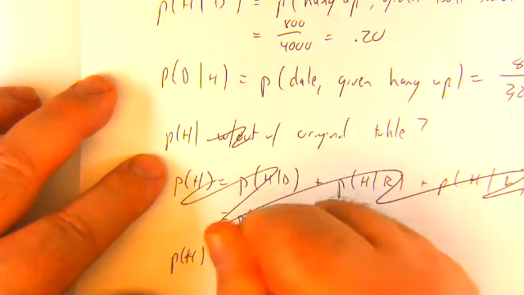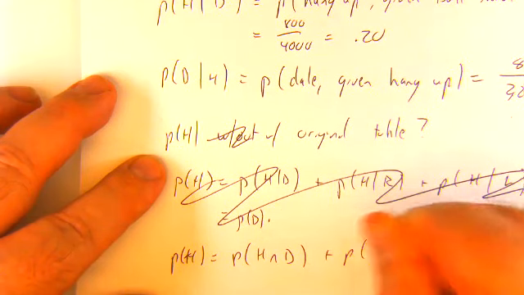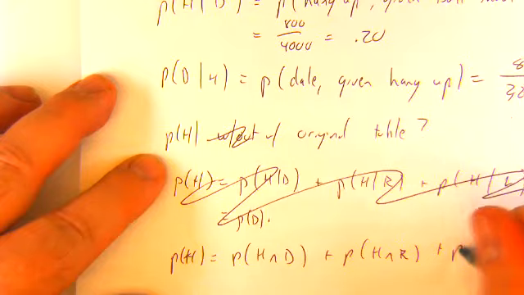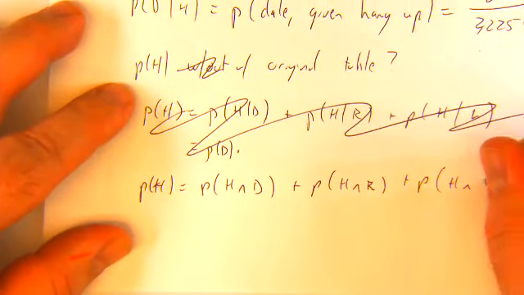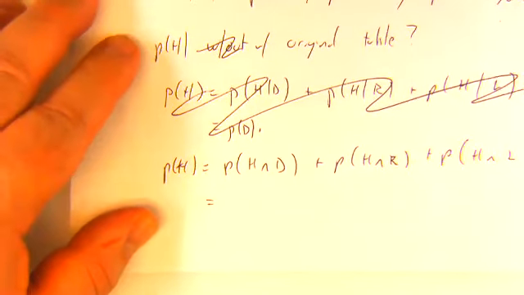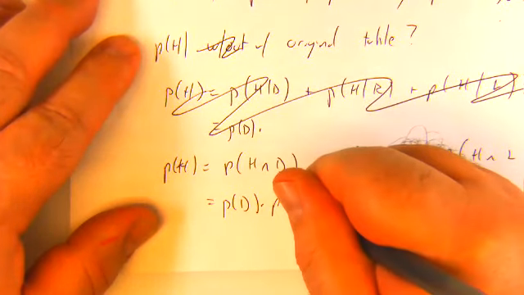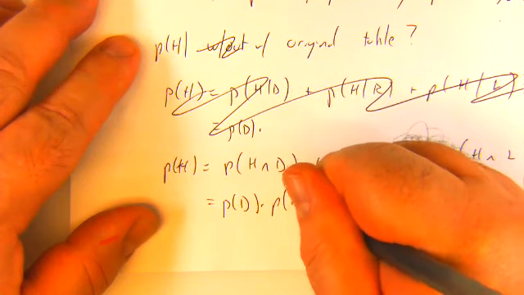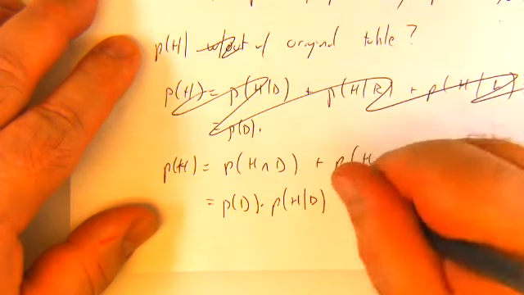Probability of a hangup is the probability that you got a hangup and Dale made the call, plus the probability that you got a hangup and Rusty got the call, plus the probability that you got a hangup and Lee made the call. But the probability that you got a hangup and that Dale made the call is the probability that Dale made the call times the probability that there was a hangup given that Dale made the call.